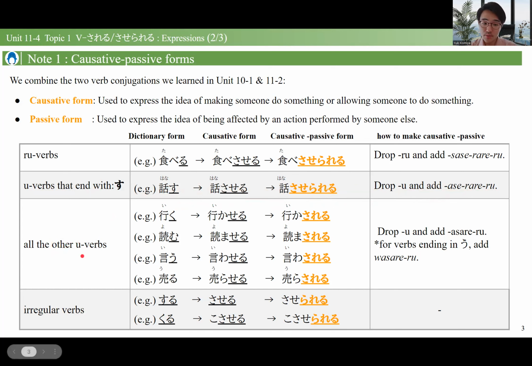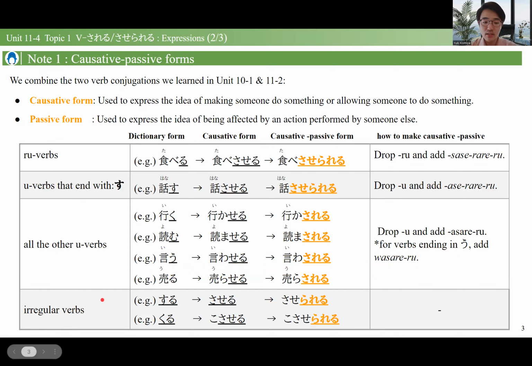For any other う verbs, we replace the う sound with あせる. 行く will be 行かされる, being forced to go. 読む, 読まされる, being forced to read. 言う will be 言わされる. Just be careful for verbs that end with the hiragana う as in 言う, we add わせる, 言わされる. 言う turns to 言わされる. It's just a little special with the う ending.